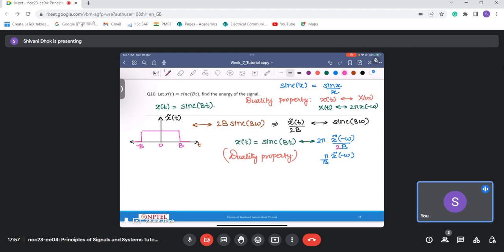Now if I flip this signal about the x tilde(t) axis, it will remain the same.